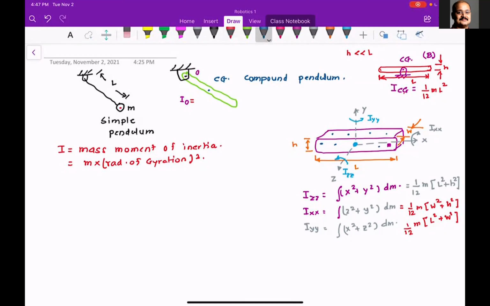If you want to visualize this compound pendulum as a robot, what it means is you have a robot, and this robot has a link which is not a massless slender rod, but this is how the link looks like.